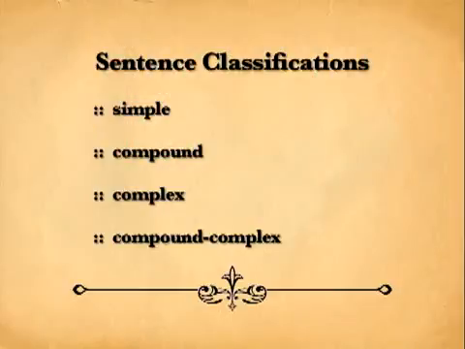A simple sentence simply has one independent clause. A compound sentence coordinates two independent clauses. A complex sentence uses subordination and involves one independent clause and one or possibly more dependent clauses. A compound complex sentence uses coordination and subordination and joins at least two independent clauses with one or more dependent clauses.